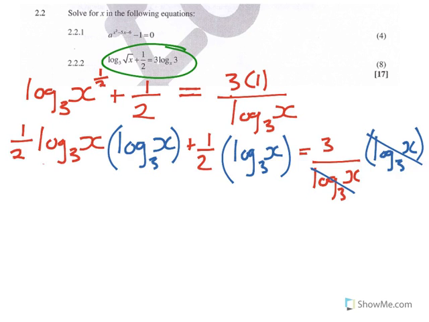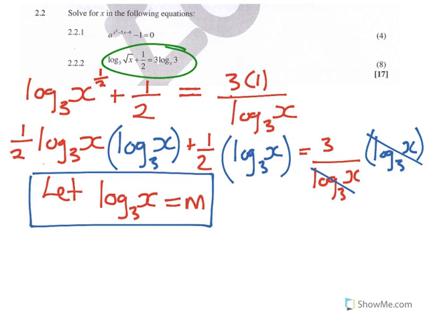Now we can come up with this scenario to say let log base 3 of x be equal to m. You can do that. Because you've done that, what are you going to have here? You're going to have half, where there is log base 3 of x, we've got m multiplying by another m, plus half m is equal to 3.